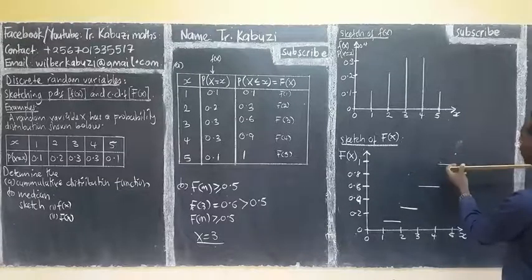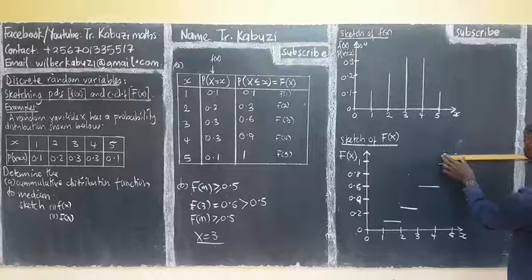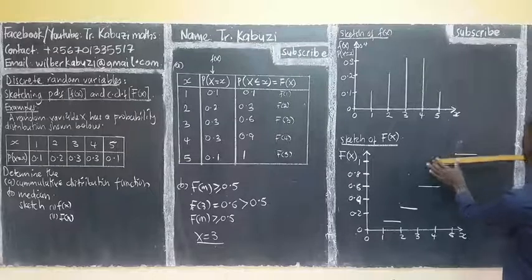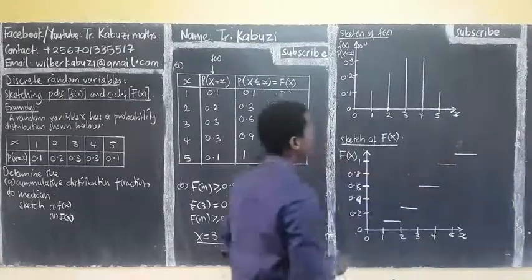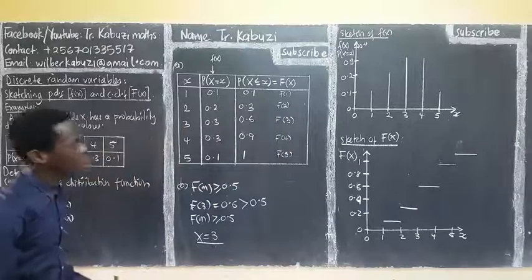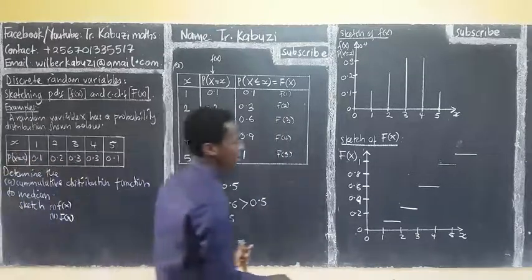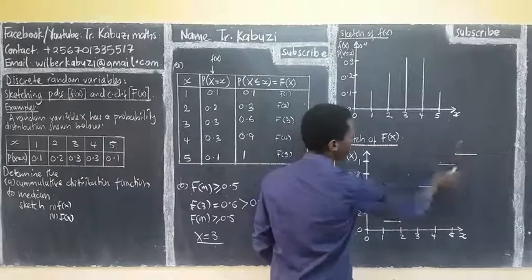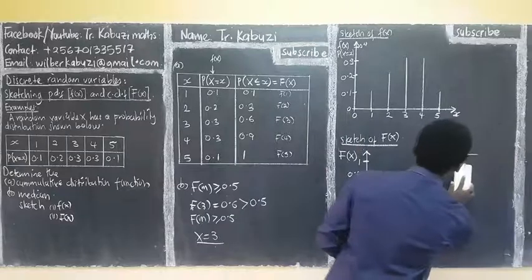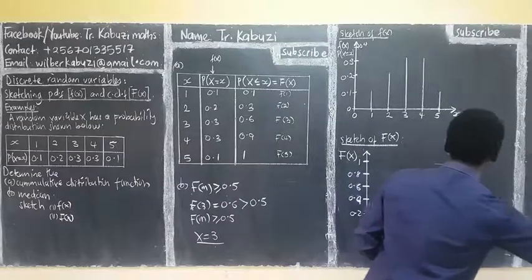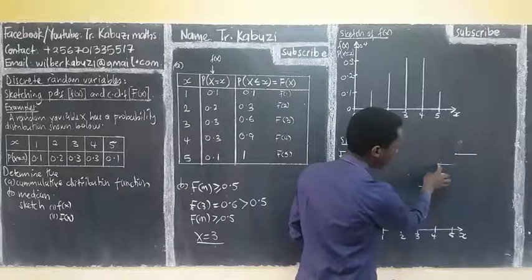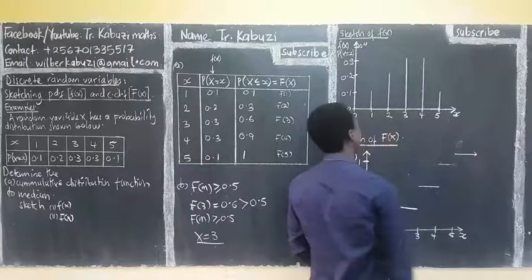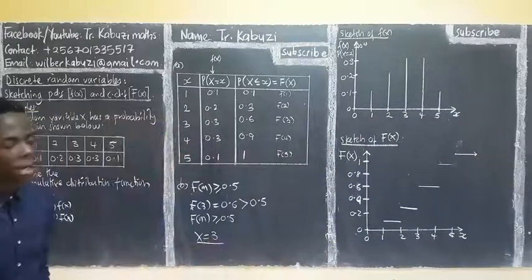Now where I have my F of 5, I go on that side and put the arrows there, and so that will be our sketch. So you see that this one is starting from there, and this one is starting from there. This one is a bit exceeding, but it should not exceed. So this one starts from 4 to 5, then this one starts from 5 and goes that side. So that's how we do our sketching.